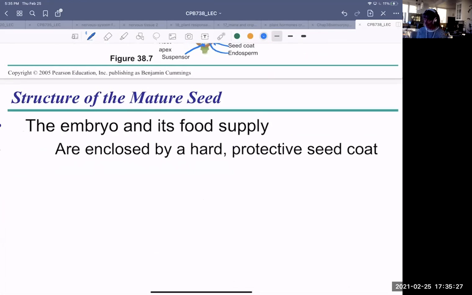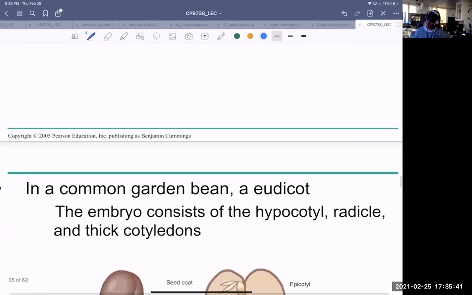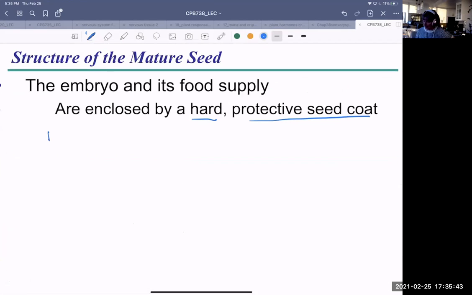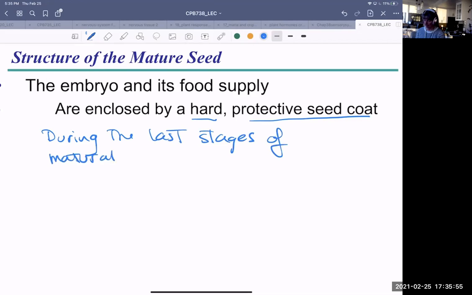So the seed itself, where the embryo is encased, the embryo and its food supply are enclosed by a very hard protective seed coat. And during the last stages of maturation of the seed, a seed dehydrates.